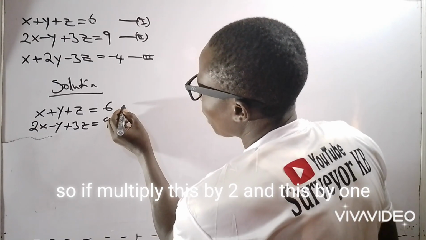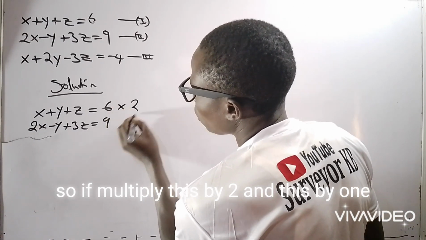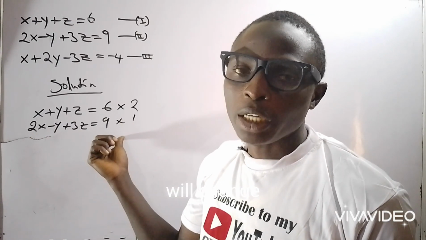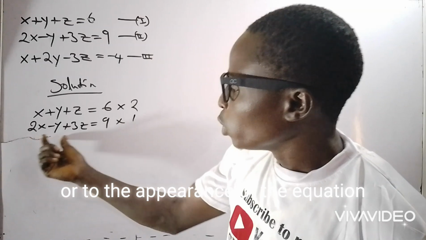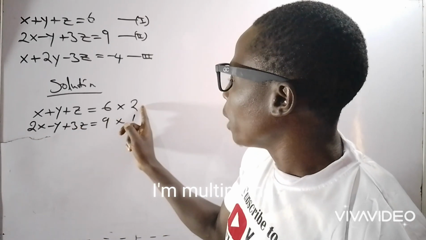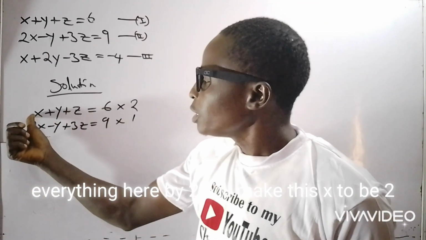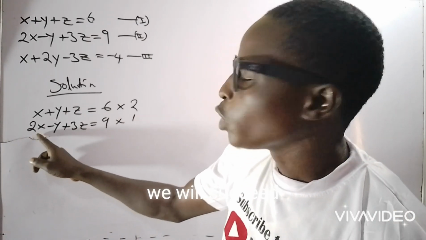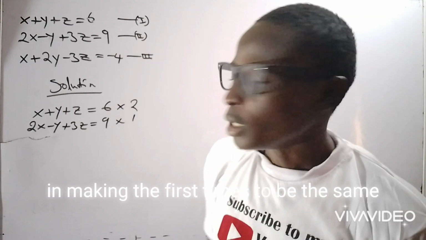So if I multiply this by 2 and this by 1, because multiplying the second equation by 1 will change nothing to the result or to the appearance of the equation, and multiplying everything here by 2 will make this x to be 2x. So that means we will succeed in making the first terms the same.